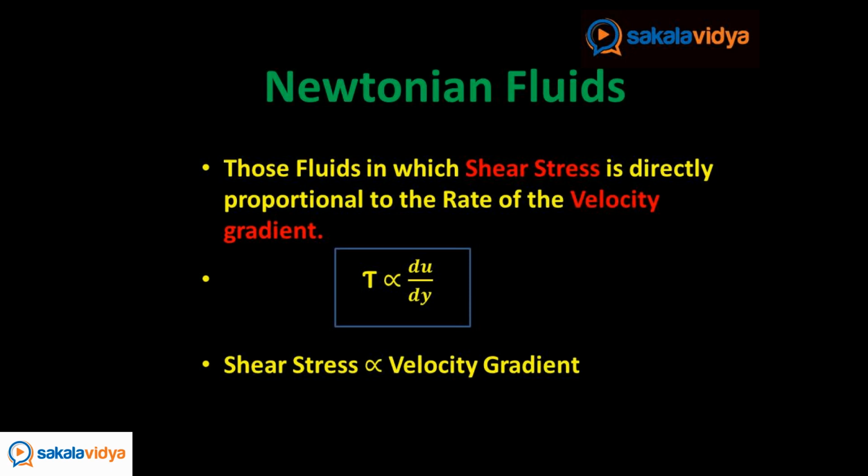This concept, shear stress is directly proportional to velocity gradient, is very important in our viscosity concept. This principle is very important for viscosity. So Newtonian fluids are those fluids in which shear stress is directly proportional to the rate of velocity gradient.